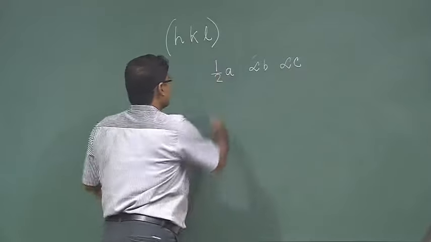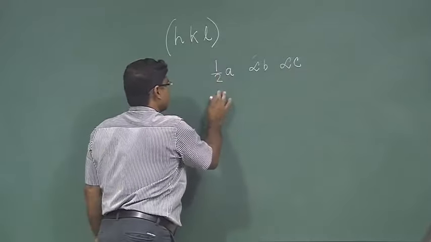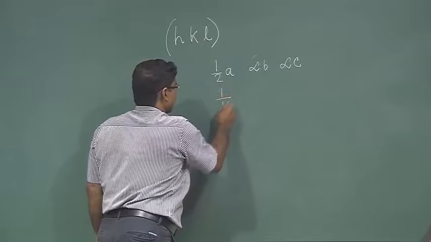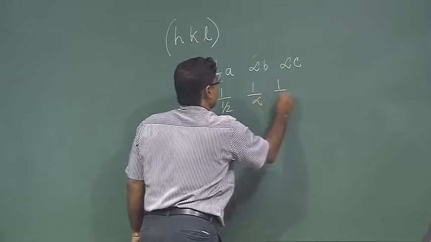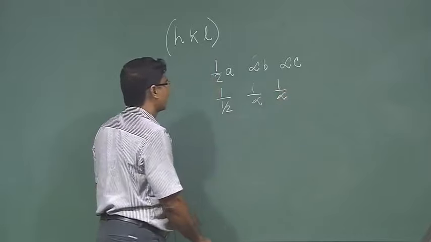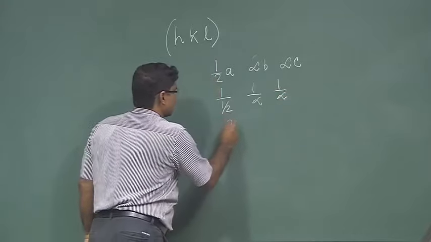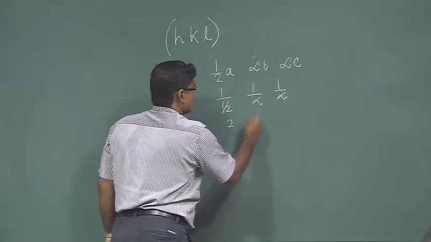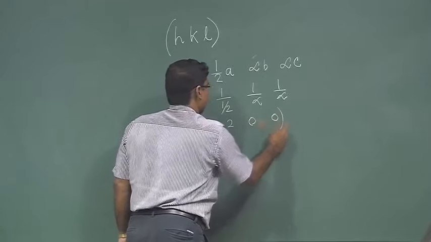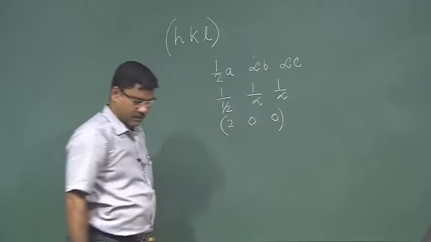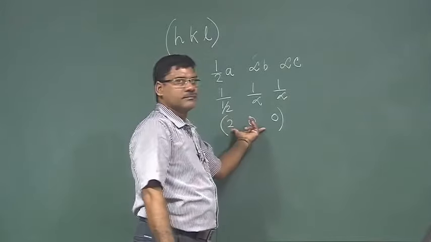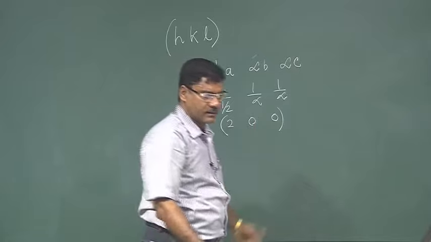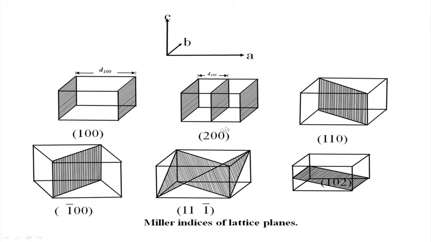We have to take the reciprocal: 1 by half, 1 by infinity, 1 by infinity. That is basically 2, 0, 0. That is why we have shown the 2 0 0 plane.